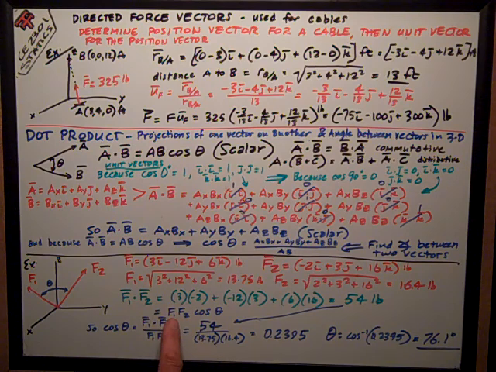That is also equal to, from this relationship up here, F1 scalar times F2 scalar times the cosine theta. I can rearrange that and solve for the cosine of theta, which is equal to F1 dot F2, which I just saw was 54 pounds, divided by F1 scalar magnitude times scalar of F2, 13.75 times 16.4. That is equal to this number, and I can do the cosine inverse of that number to get theta, the angle between them, which is 76.1 degrees.